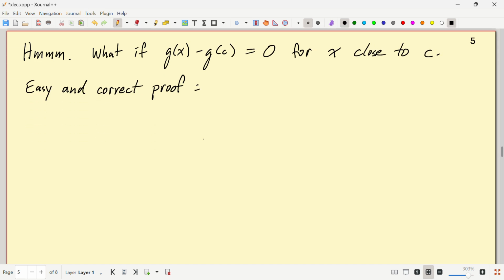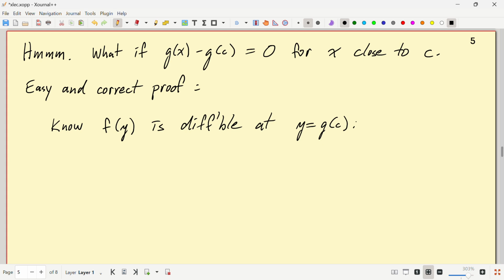Okay, so I know that f of y is differentiable at y equals g of c.